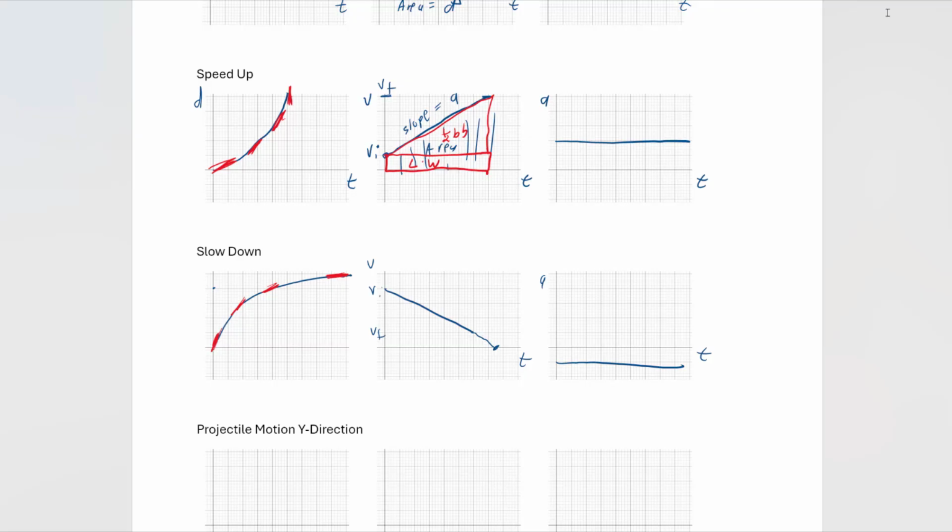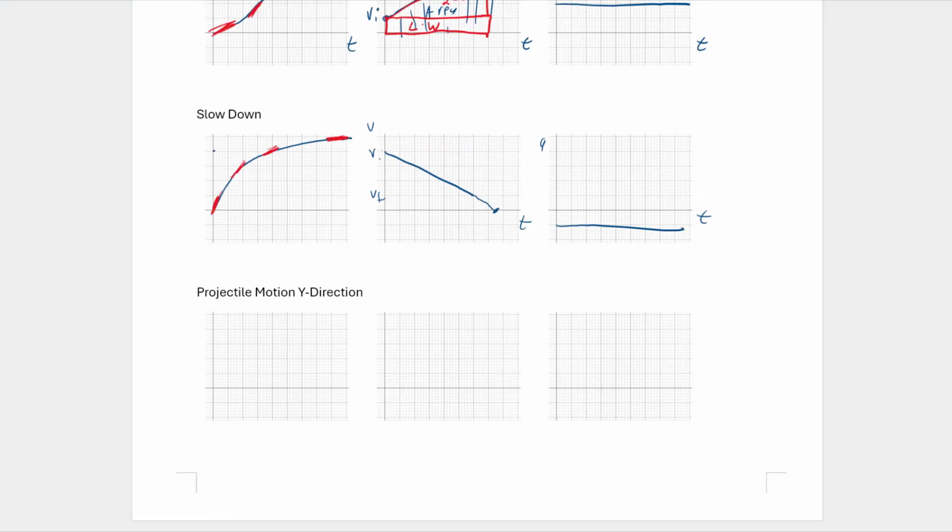And so let's look at the last situation here. Projectile motion in the y direction. So if we transition to the bottom here, distance versus time, velocity versus time, acceleration versus time. And we're going to talk about projectile motion in the y direction.